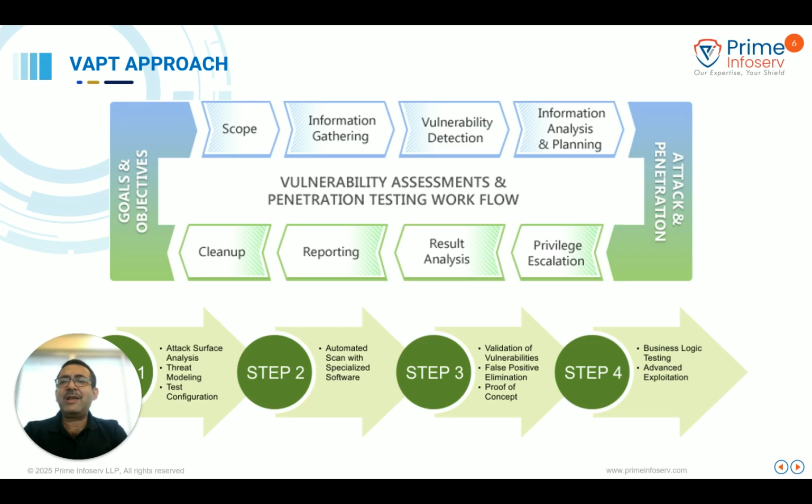VA is basically vulnerability assessment, where we detect the vulnerabilities, and based on the severity mapping like high, medium, low, and critical, we then do penetration, which is nothing but trying to hack the system, trying to penetrate the identified vulnerabilities, and verify the kind of vulnerabilities and the impact we had apprehended during our VA exercise.